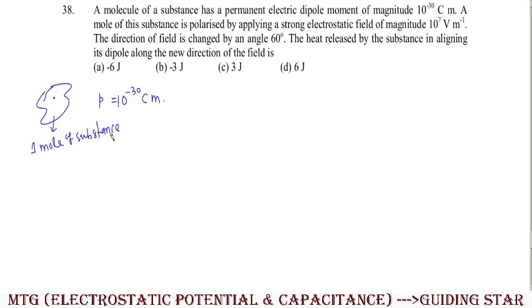Clear? So n is 1 mole. We know that 1 mole of a substance contains how many molecules? Avogadro's number, 6.023 into 10 to the 23 molecules.